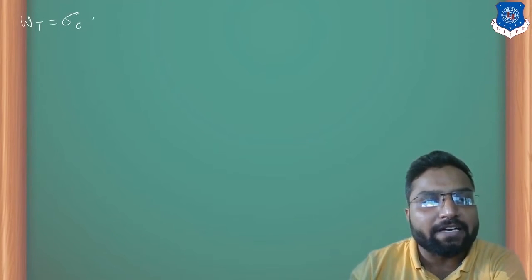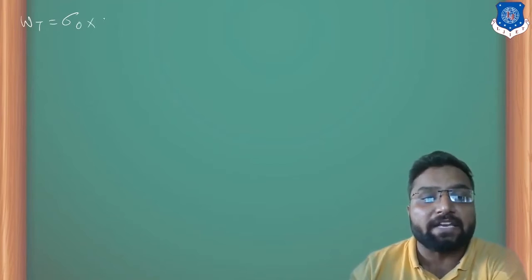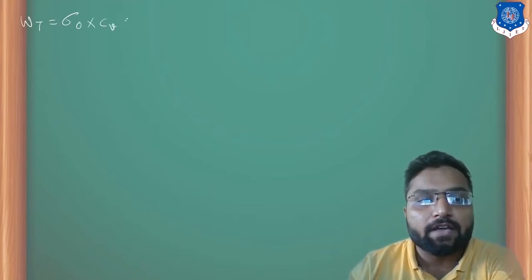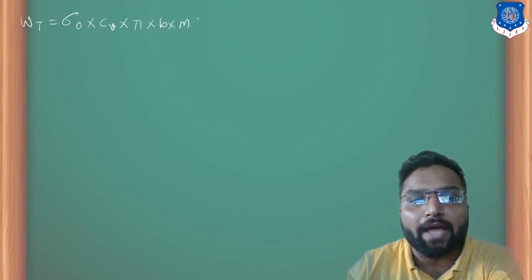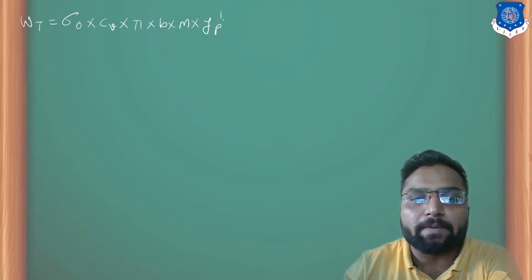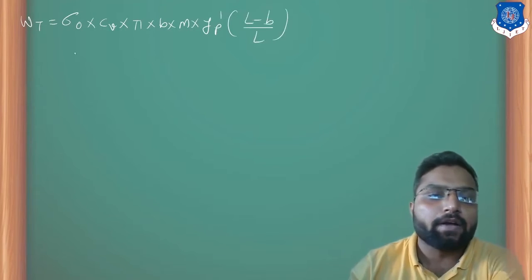WT equals sigma 0, which could be for gear or pinion, into CV into pi into B into M into YP dash into L minus B by L. Clear?